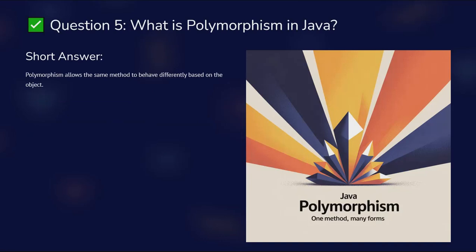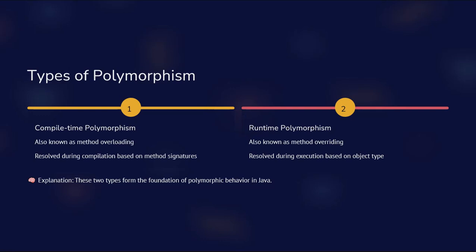Now, the next question is: what is polymorphism in Java? The short answer: polymorphism allows the same method to behave differently based on the object. There are mainly two types of polymorphism. One is compile-time polymorphism, also known as method overloading, resolved during compilation based on method signature.